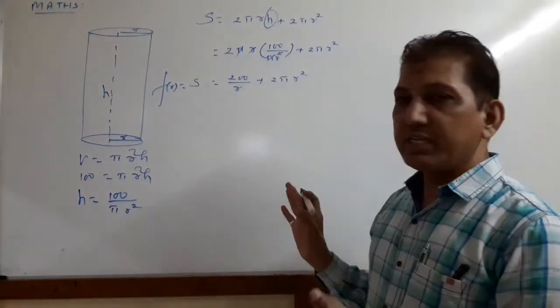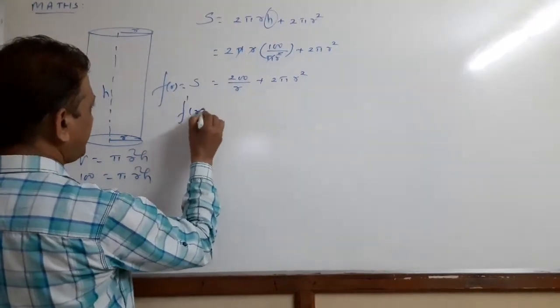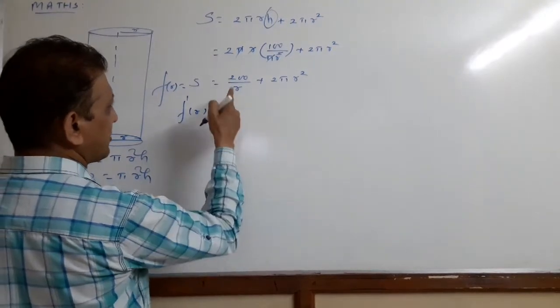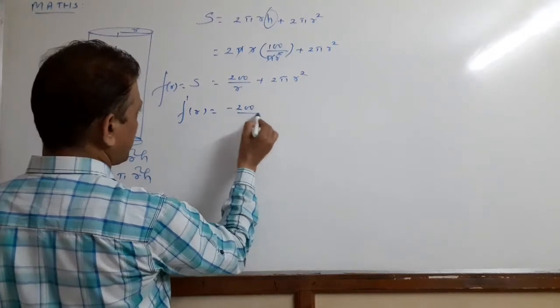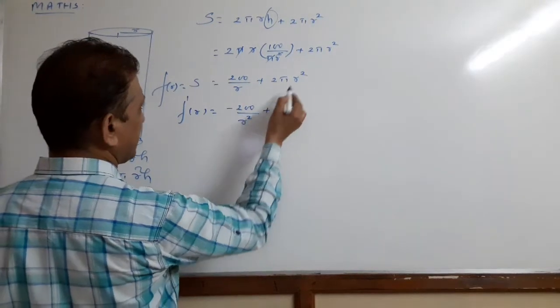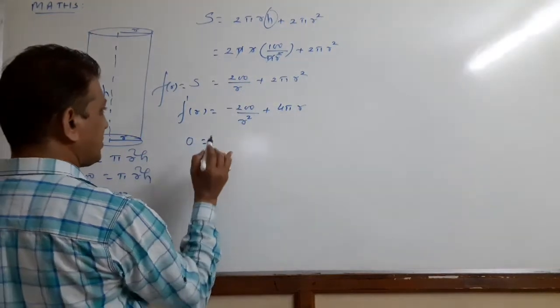Now we differentiate and find the dimension, then maximum and minimum. 200 is the constant, derivative of 1 upon r is minus 1 upon r square. So minus 200 upon r square, and here the derivative is 4 pi r. Now f dash r equal to 0.